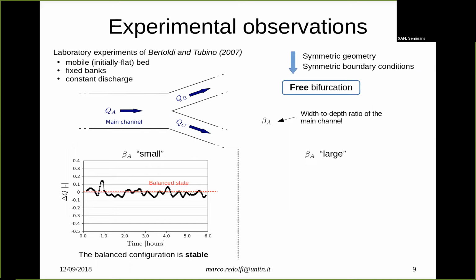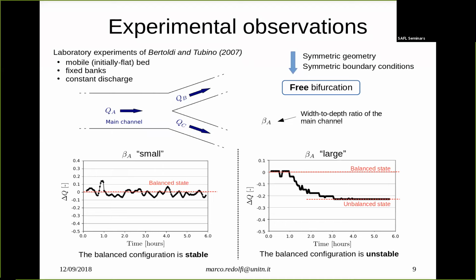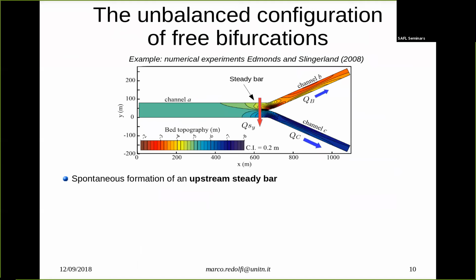However, when beta is relatively large, meaning the channel is relatively wide, the balanced state tends to be unstable, and the bifurcation naturally evolves towards a different equilibrium state, which is highly unbalanced despite the symmetric geometry. This unbalanced partition of discharge is sustained by the formation of an upstream steady bar.